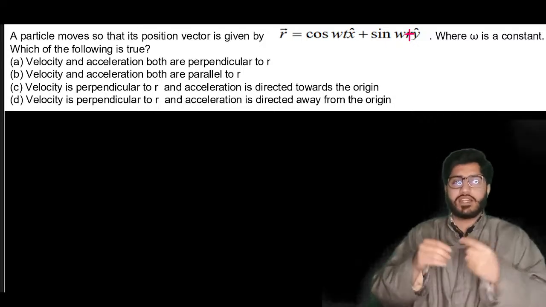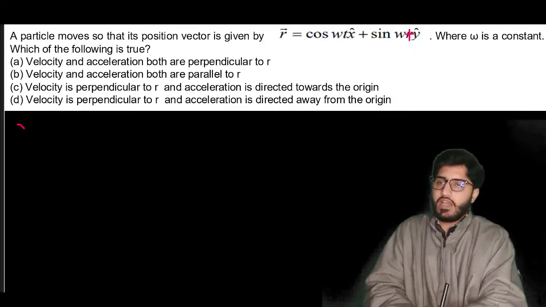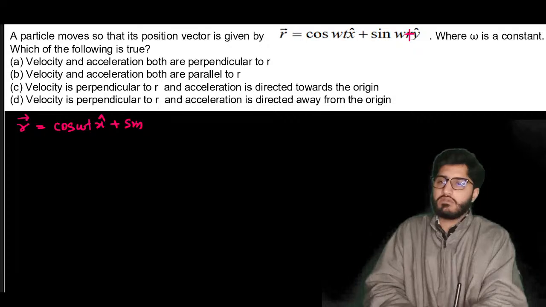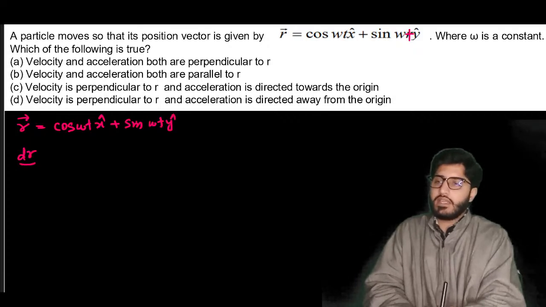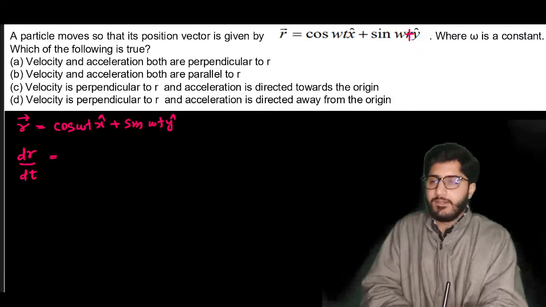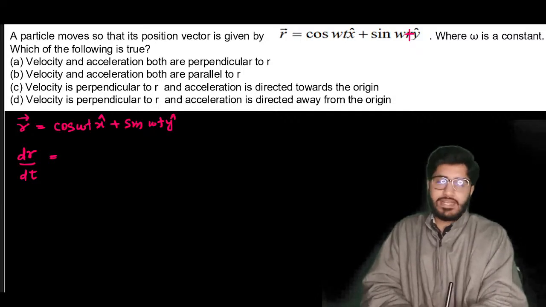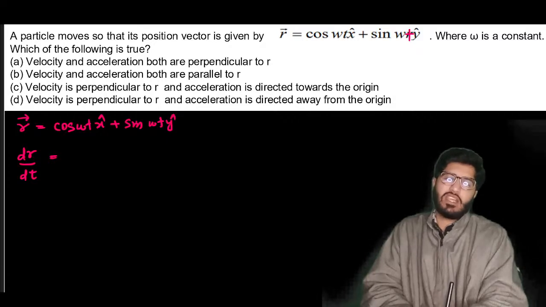Okay, so let's start. So what do we have now? We have r, it is cos omega t x cap plus sin omega t y cap. dr by dt: cos omega t would become minus sin omega t, and the derivative of omega t is omega.